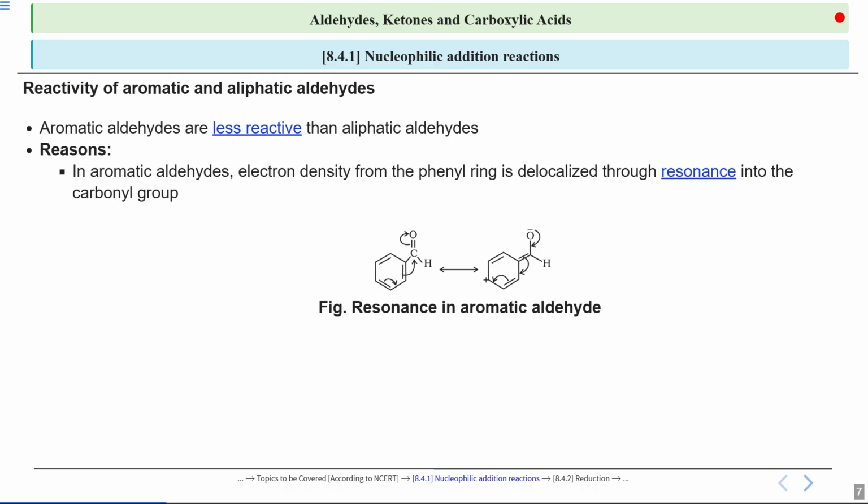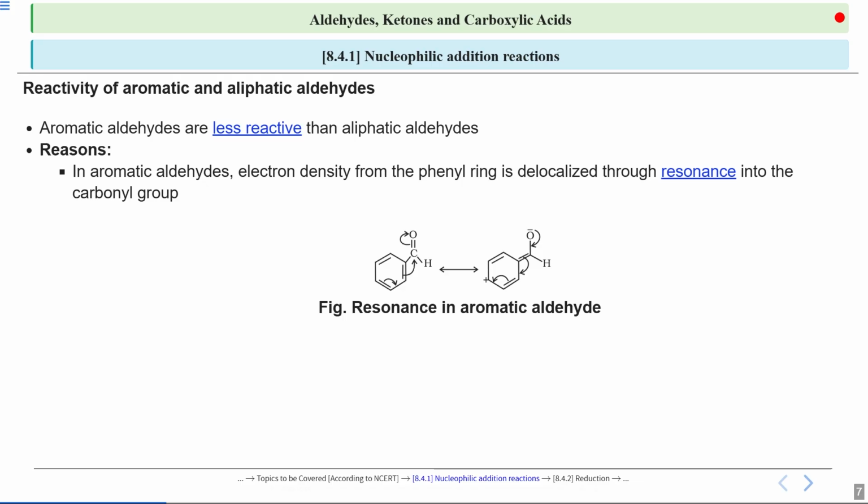But at the same time, the benzene ring pushes electron density towards the carbonyl carbon. So the positive charge on the carbon of the C double bond O, the carbonyl group, gets reduced. So the carbon becomes less electrophilic.